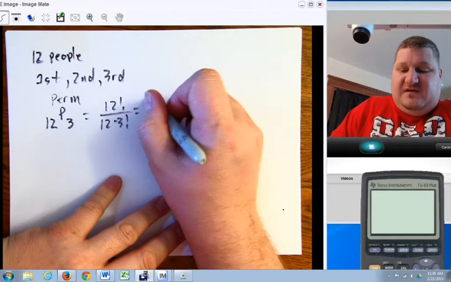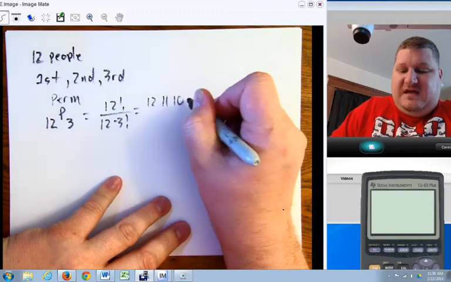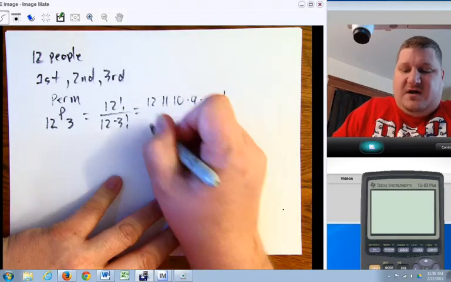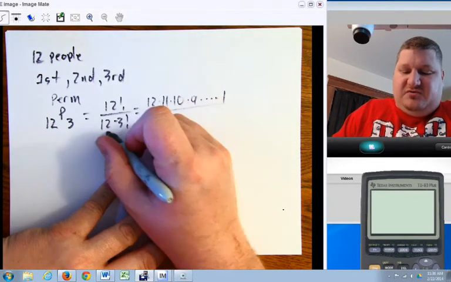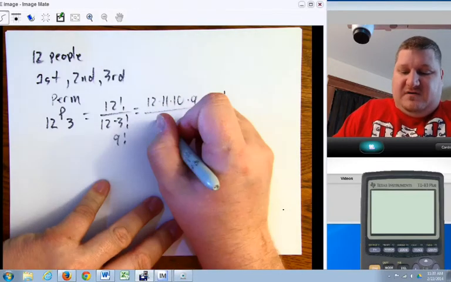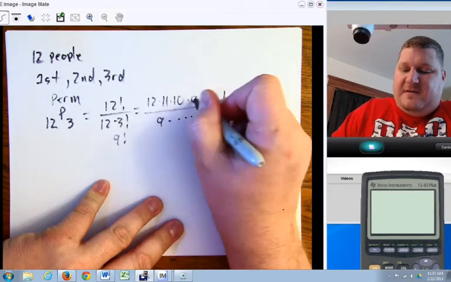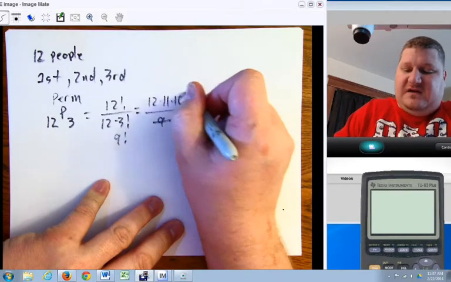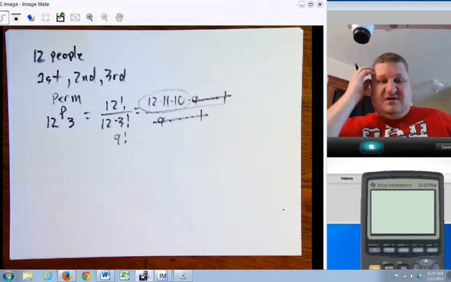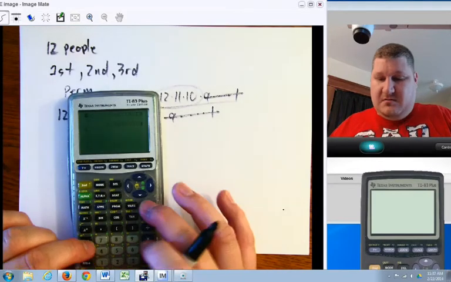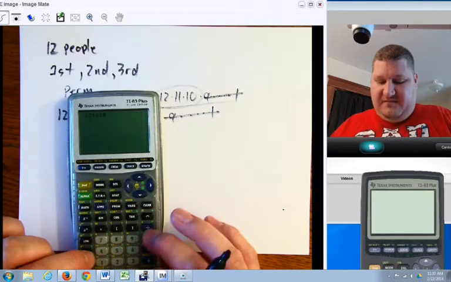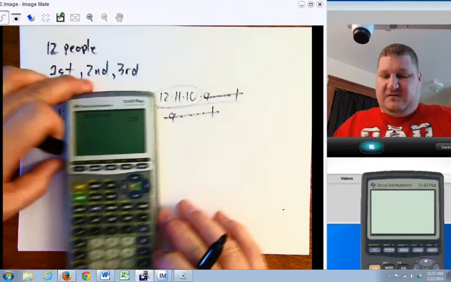Gives us 12, 11, 10, 9, ... 1. And on the bottom, 12 minus 3 is 9 factorial, so I have 9, ... 1. Those cancel out, leaving us 12 times 11 times 10. Answer is 1320.